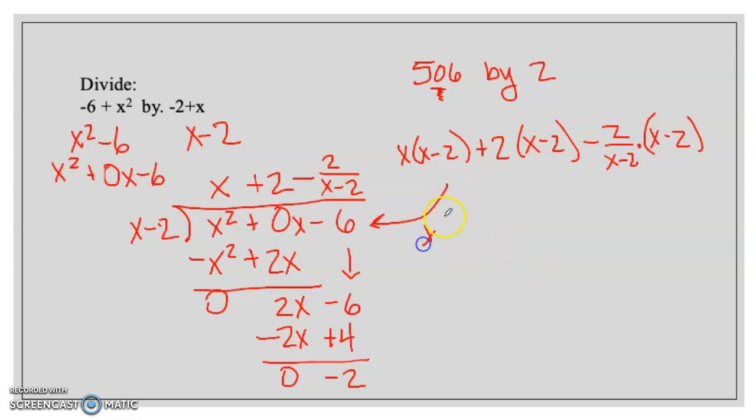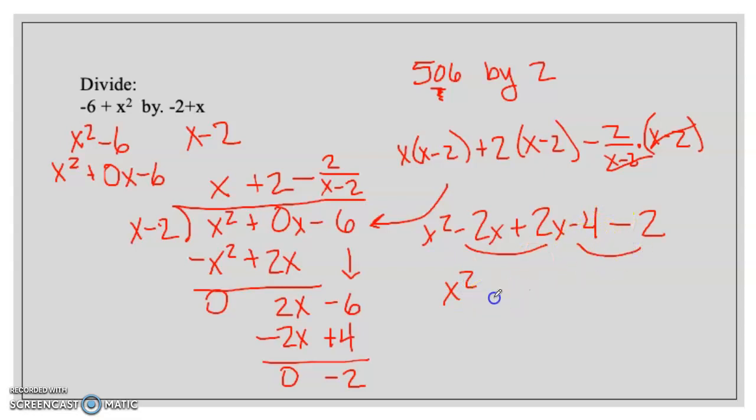So that would be x squared minus 2x plus 2x minus 4 minus 2. These two cancel, and negative 2 and positive 2 become 0. And these two become minus 6. And this is what I began with.